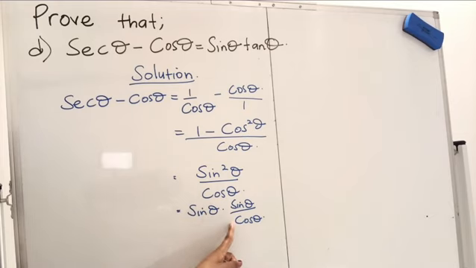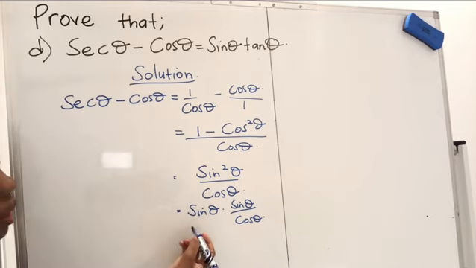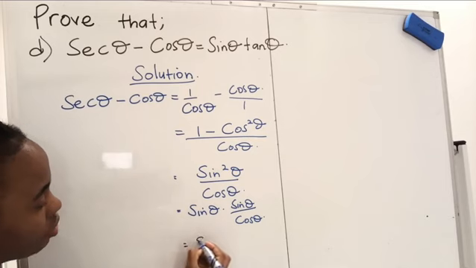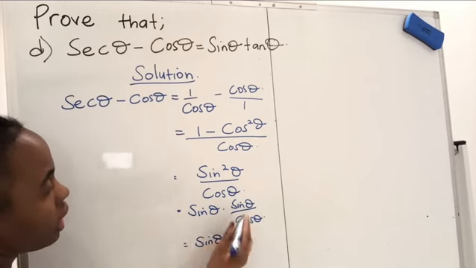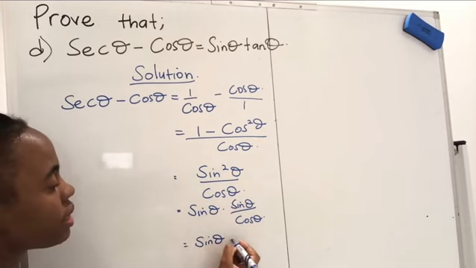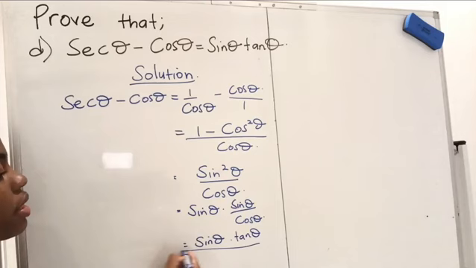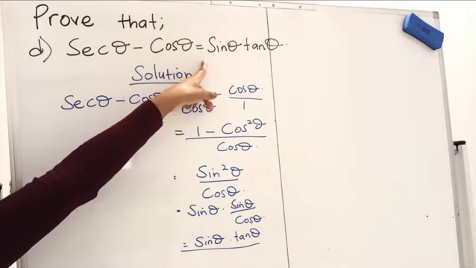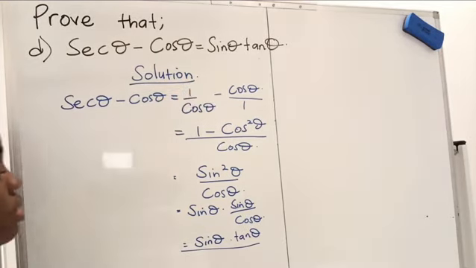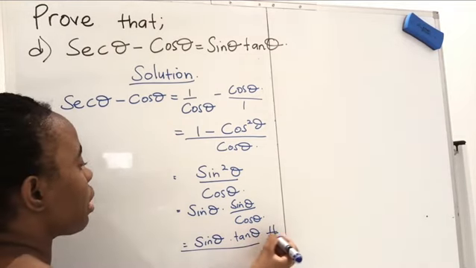Then we have our denominator. But you know that sine theta is going to remain the way it is, and sine out of cos is tan. So this is sine theta tan theta, and that is our right hand side. So it is proved as required.